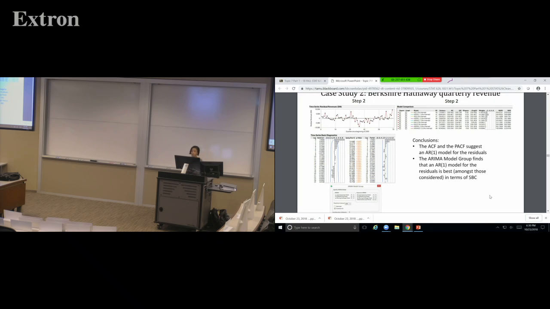The autocorrelation and partial autocorrelation suggest, as we saw in the previous slide, an AR1 model for the residuals. The ARIMA model group finds that an AR1 model for the residuals is best in terms of SBC. So that was our inkling, and it was backed up by the ARIMA model group run. We're going to move forward with the autoregressive 1 errors.